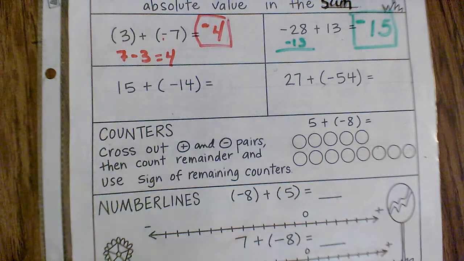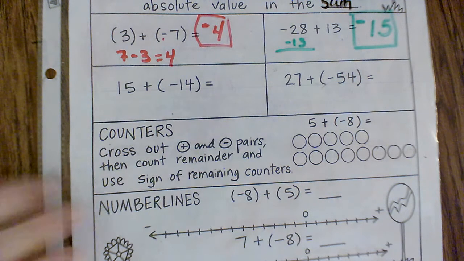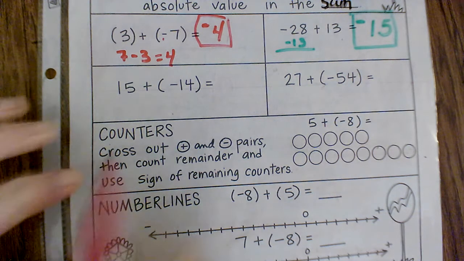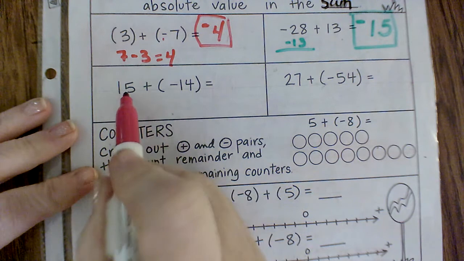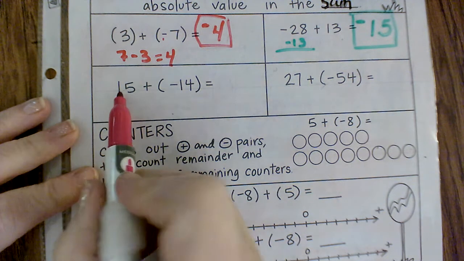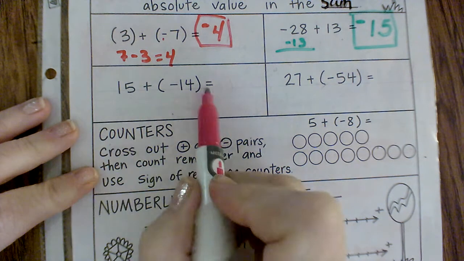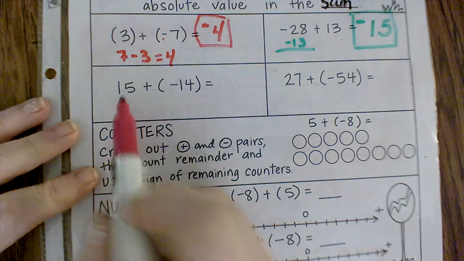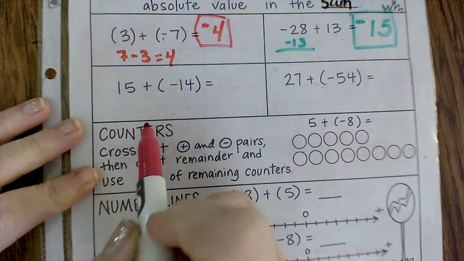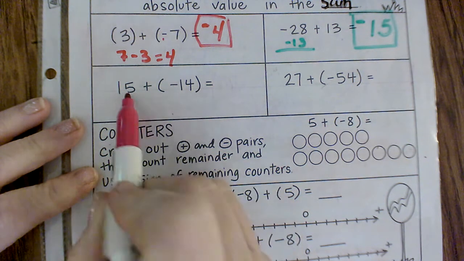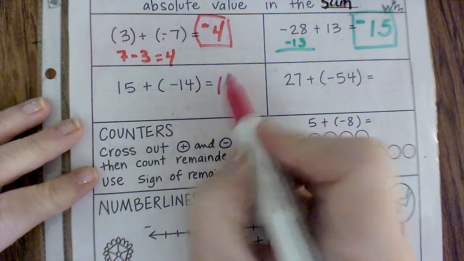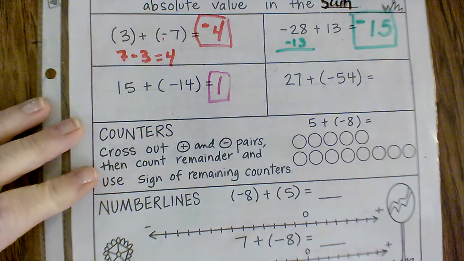So 15 and -14. Looking at the two numbers, which one's bigger? 15. It's positive, so my answer is going to be positive. I don't have to worry about it. So now I'm going to subtract the smaller from the bigger. When I subtract 14 from 15, all I have left over is 1. That's my answer.